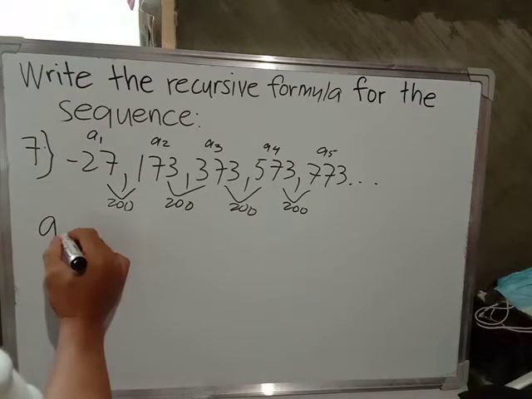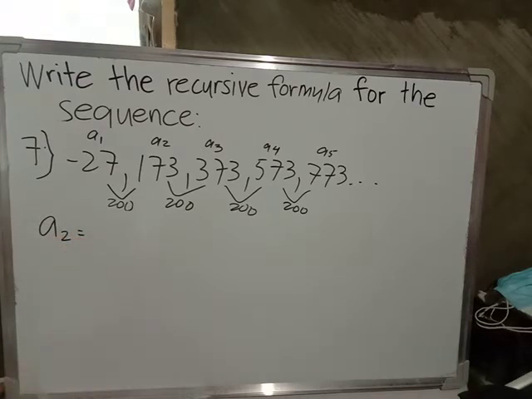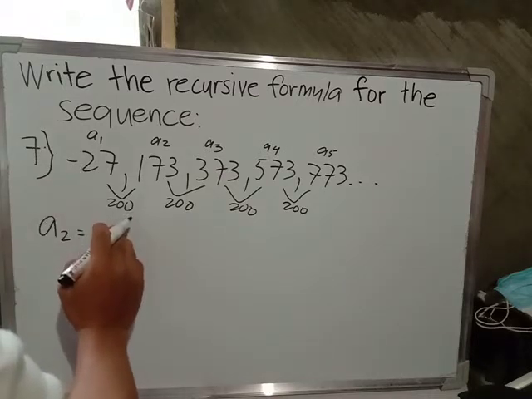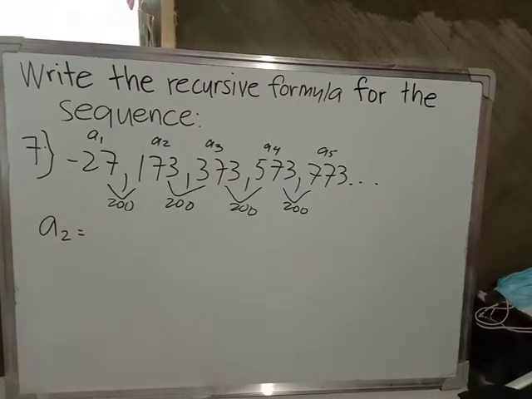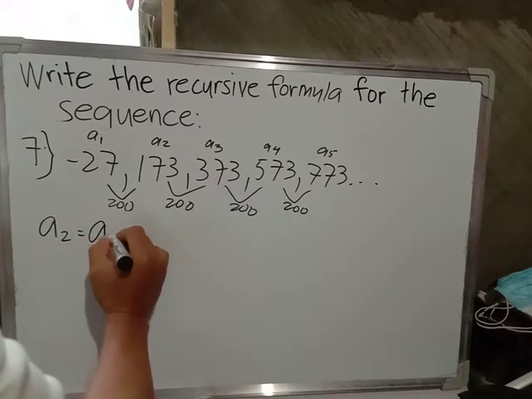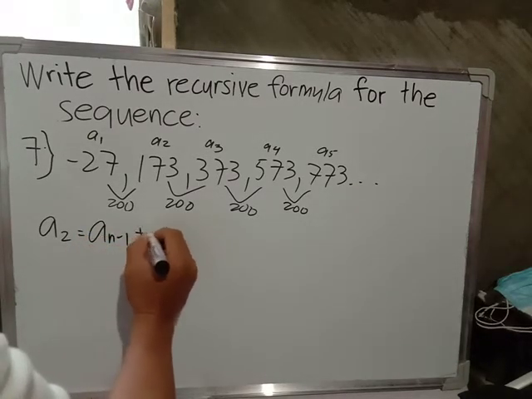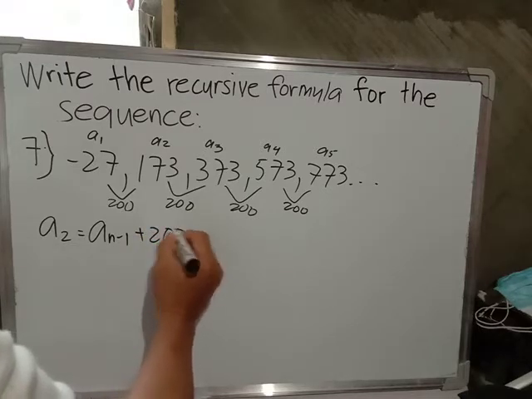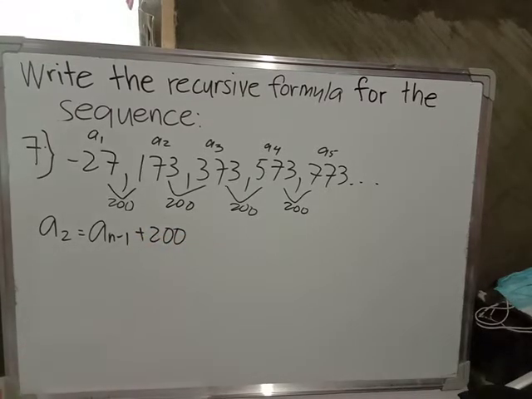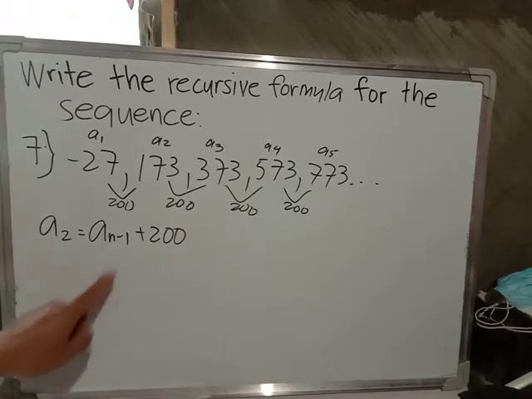So, a2 is equal to a1 plus, a_n minus 1 plus 200. Tama ba? Kasi add natin siya ng 200, diba? a_n minus 1 kung ito.